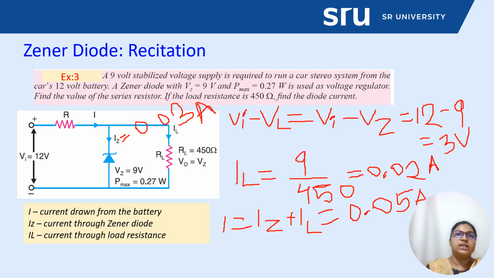So for the total value of the series resistance R, we can find the voltage drop across R divided by the current through R. The R value finally will be equal to the voltage drop across R, the 3 volt we have calculated here, divided by the current through R, that is 0.05.